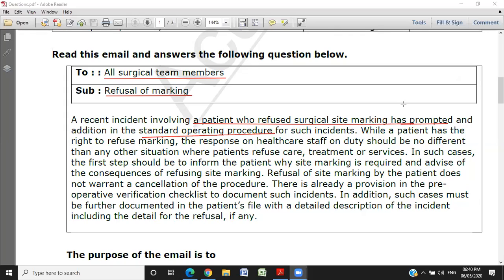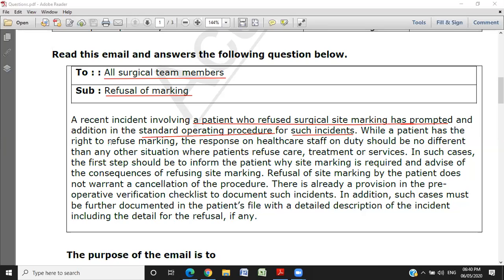That is why it says a recent incident involving a patient who refused surgical site marking has prompted an addition in the standard operating procedure for such incidents. It means the procedure was already there, but they have added something.